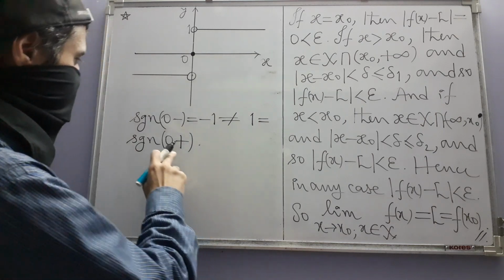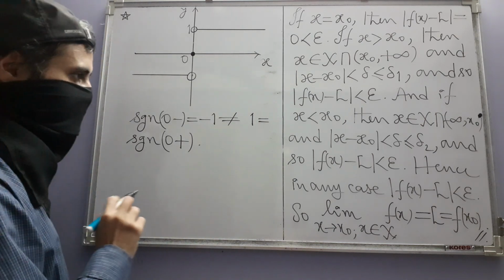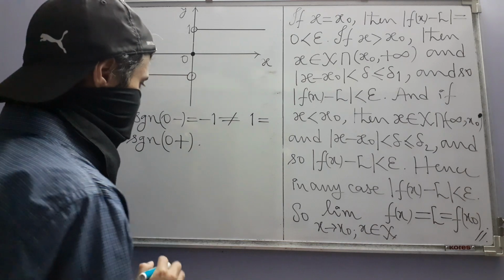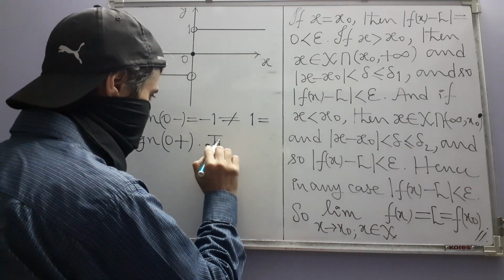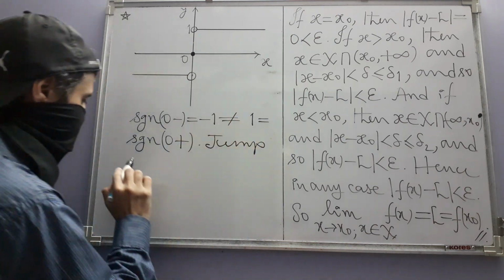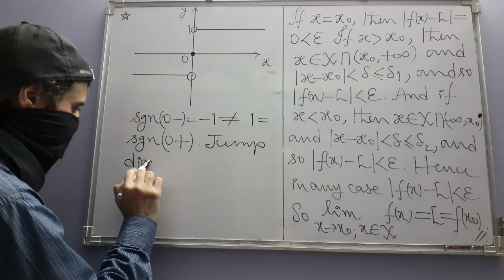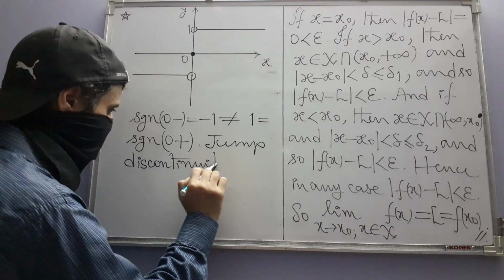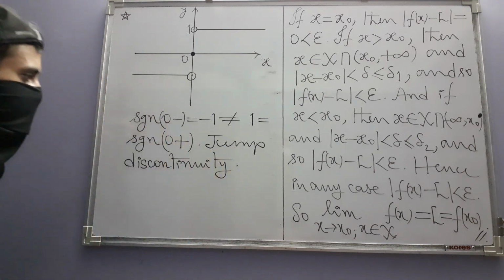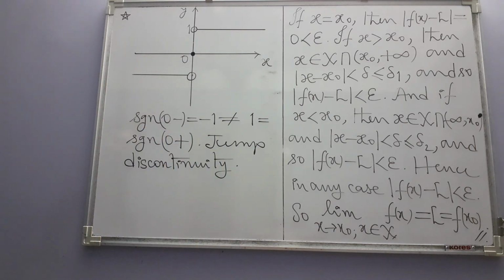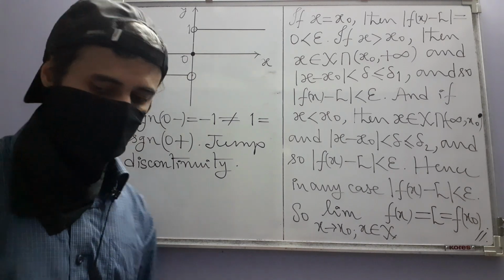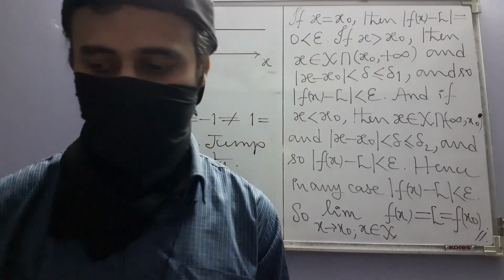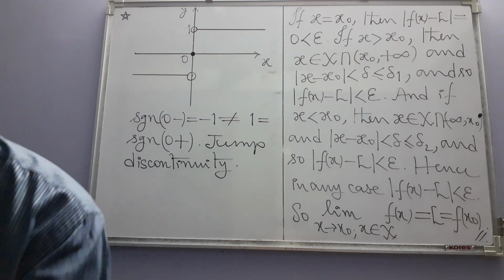So that's why the discontinuity, which is the point x equal to 0, is called a jump discontinuity. Okay, but there are other ways in which functions can be discontinuous.